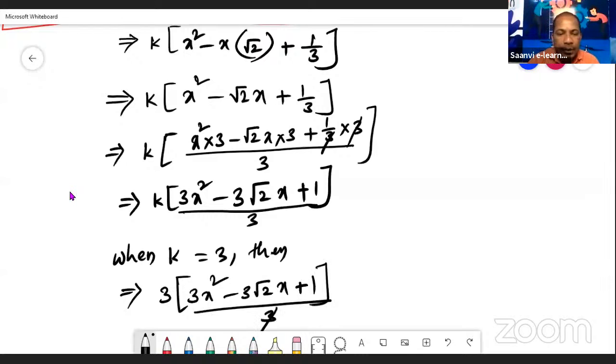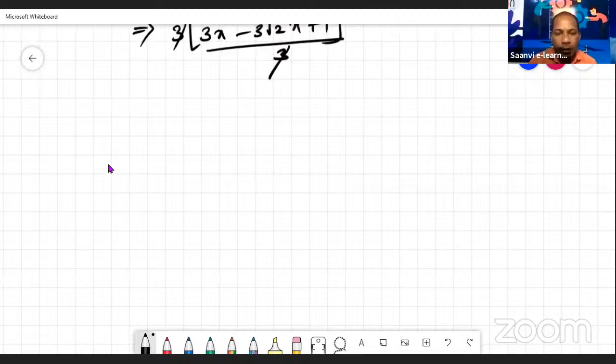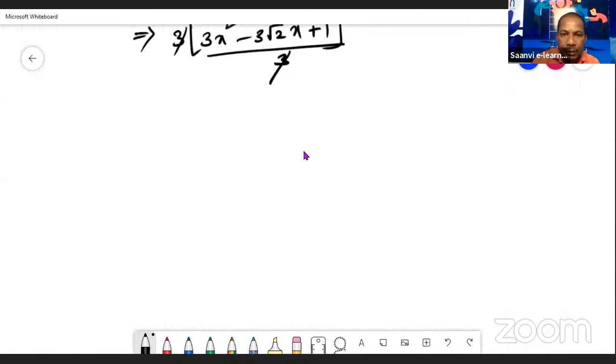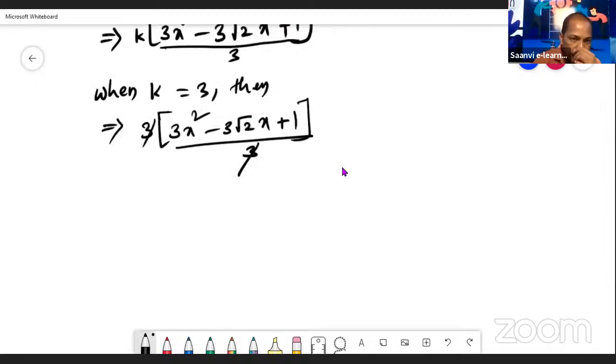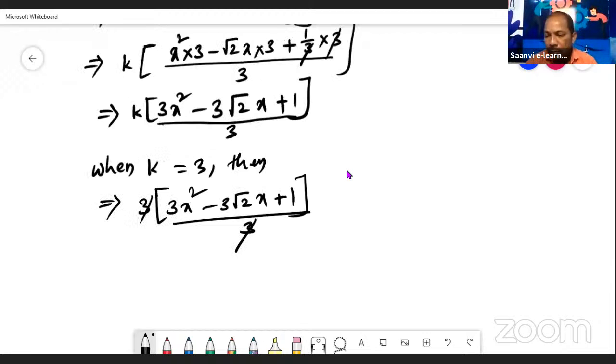Okay. Here 3 gets cancelled. So when we cancel 3 and 3, the required polynomial we get is 3x square minus 3 root 2x plus 1.